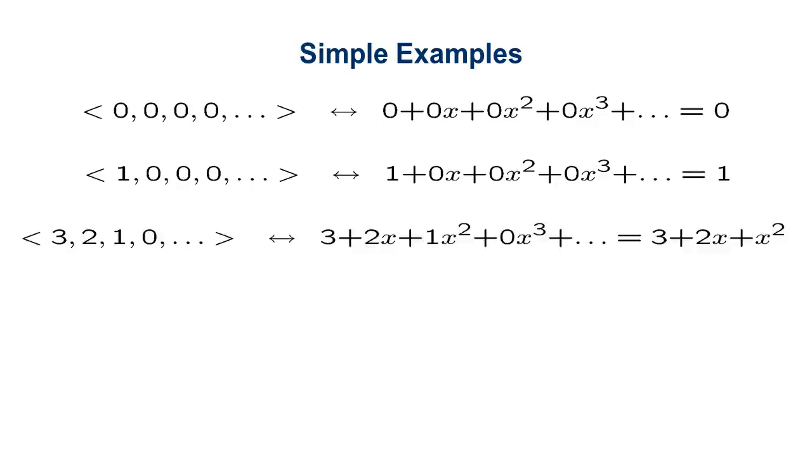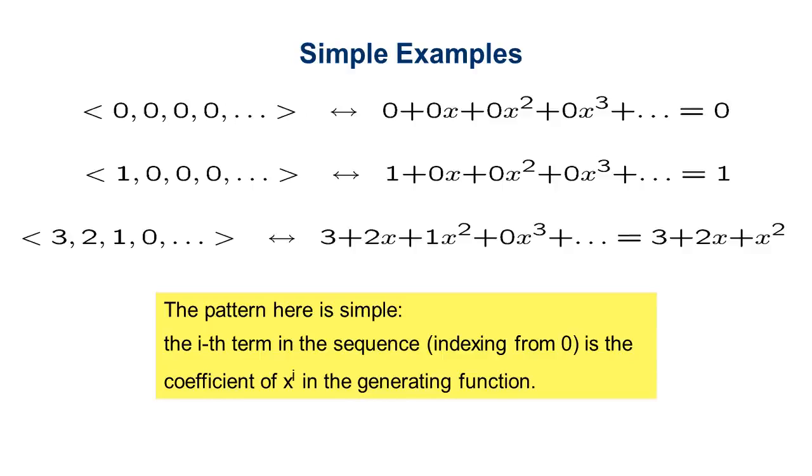In this way 3 2 1 0 will be 3 plus 2x plus 1x square plus 0x cube, and so on, and ultimately 3 plus 2x plus x square. The pattern here is simple. The ith term in the sequence, indexing from 0, is the coefficient of x to the i in the generating function.